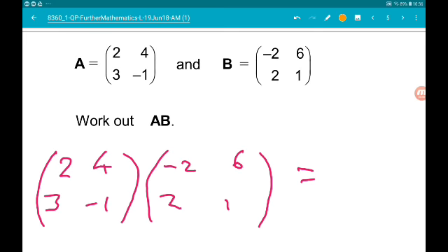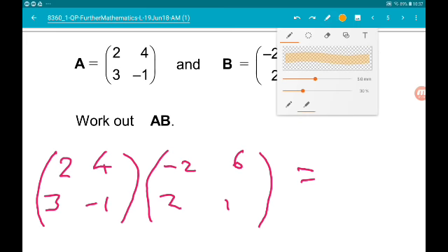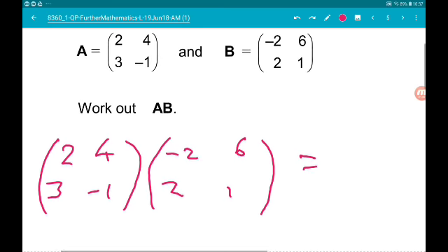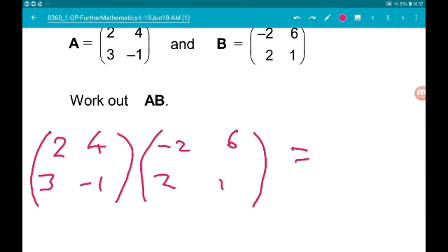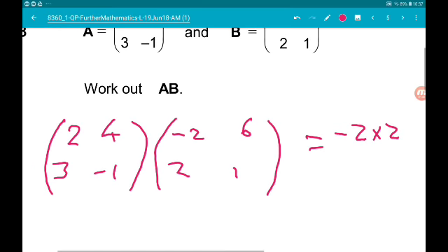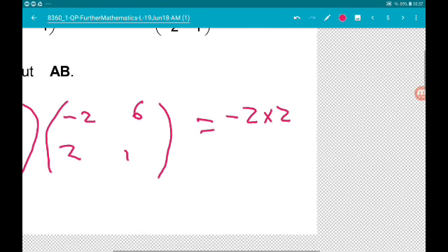So what happens with matrix multiplication is the first column of the second matrix multiplies the first row of the first matrix. That gives us our top left element in our answer. So we're going to get minus 2 times 2 and then add 2 times 4.